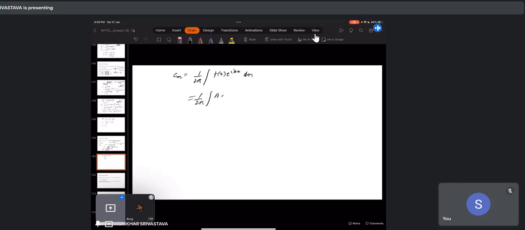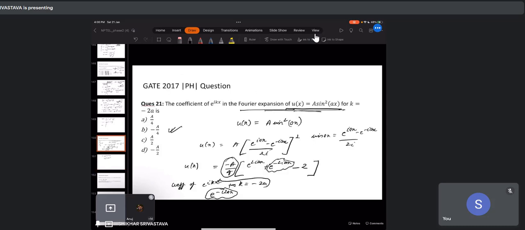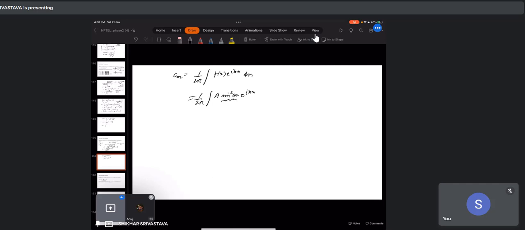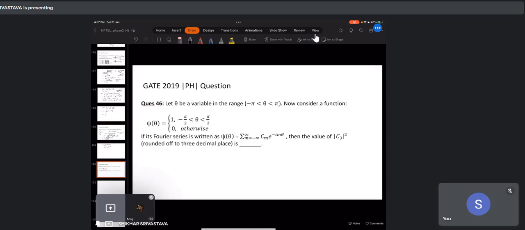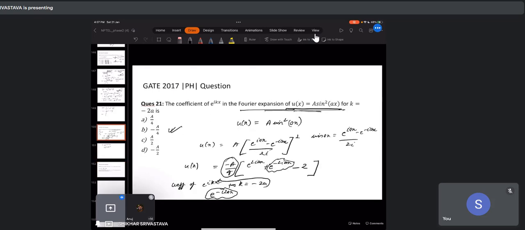Now here you substitute sine ax as this, and then you solve this integral, then you'll get some. So that will become little lengthy. So you could have easily solved this using this approach. Is this clear, this question? Yes, sir.